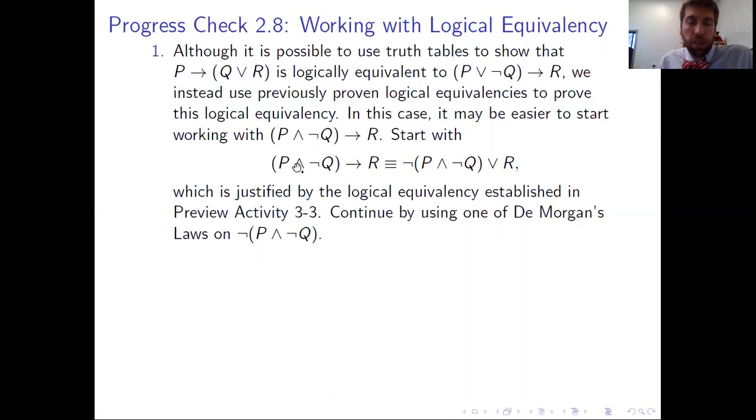So P and not Q implies R is equivalent to this, which is justified by the logical equivalence established in preview activity 3.3.